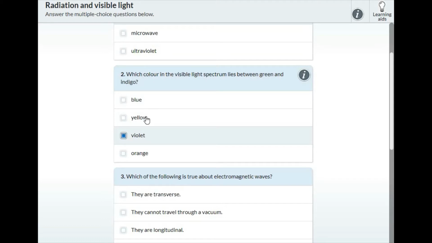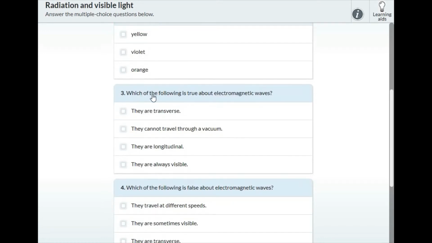Or you could turn it into a mnemonic, Richard of York gave battle in vain. Okay, so we've got the gave bit and we've got the in vain bit, so gave battle in vain, it's blue.